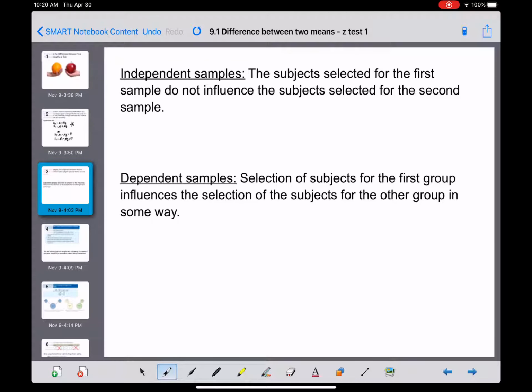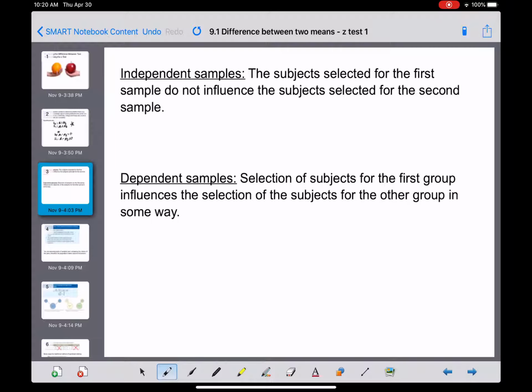Okay, so when we are sampling, there's two types of sampling. So we have independent samples and dependent samples. So independent samples, the subjects selected for the first sample do not influence the subjects selected for the second. So you have two groups, 25 people in each. And they aren't influencing the others.